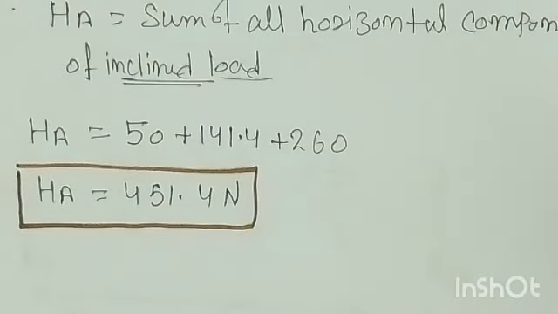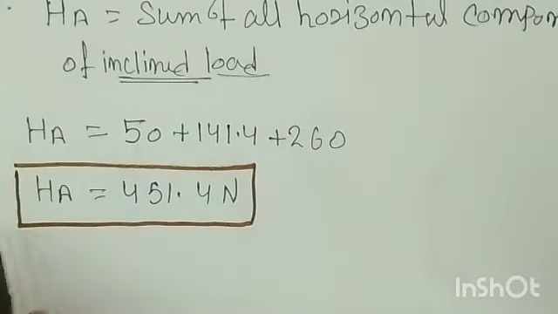Now what we need to do, we need to find out the vertical reactions, that is RA and RB. For finding them, if you look at it, RA and RB are acting upward, and these three vertical forces at C, D and E are acting vertically downward. It means again you have to equate the equilibrium condition.